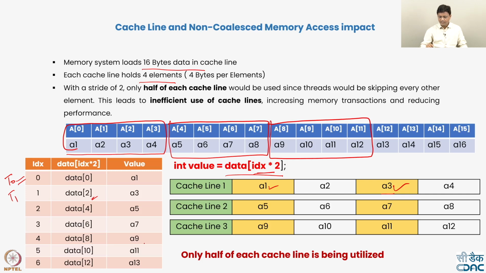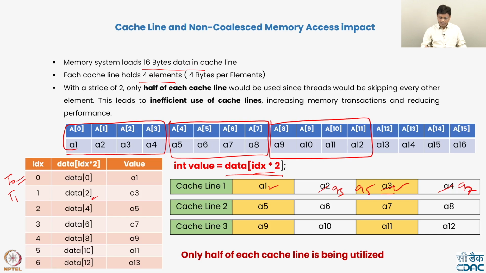But if we build a mechanism in our programming logic so that in one cycle, instead of A2 if I am able to get A3 here, instead of A3 if I am able to get A5, and instead of A4 if I am able to get A7 here, in one clock cycle in one cache line.